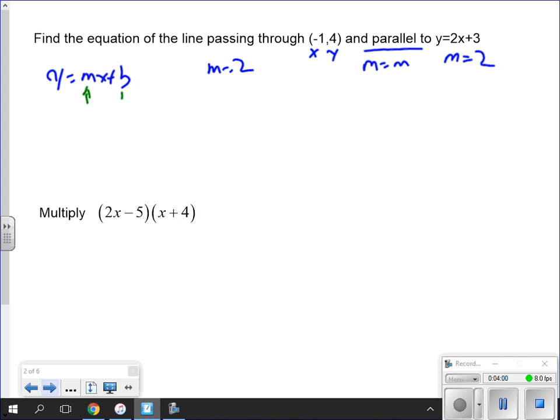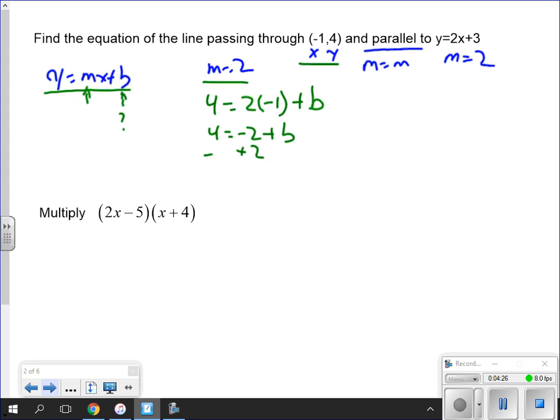I have my slope that I need. I need to find my y-intercept. I use this slope and this x and y, and I plug them in here to find b. y equals mx plus b. y, which is 4, equals m, which is 2, times x, which is -1, plus b. I solve for b. 2 times -1, so I get 4 equals -2 plus b.